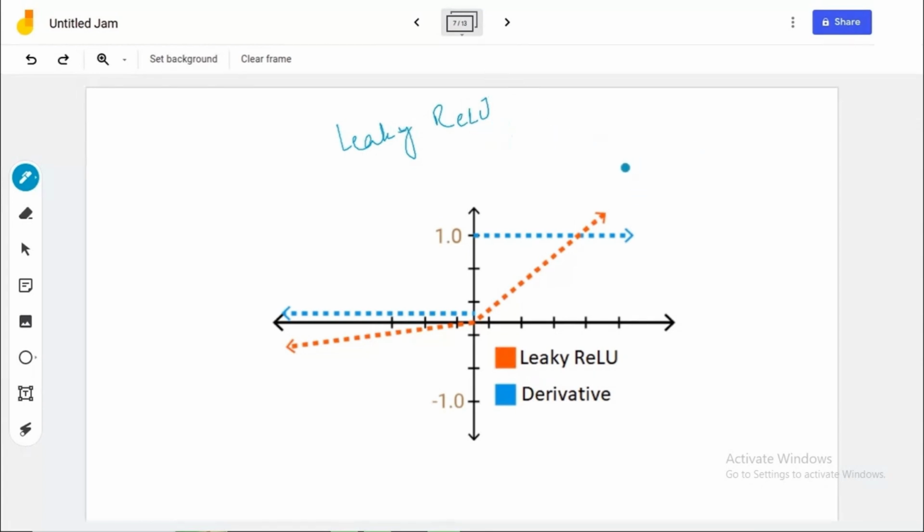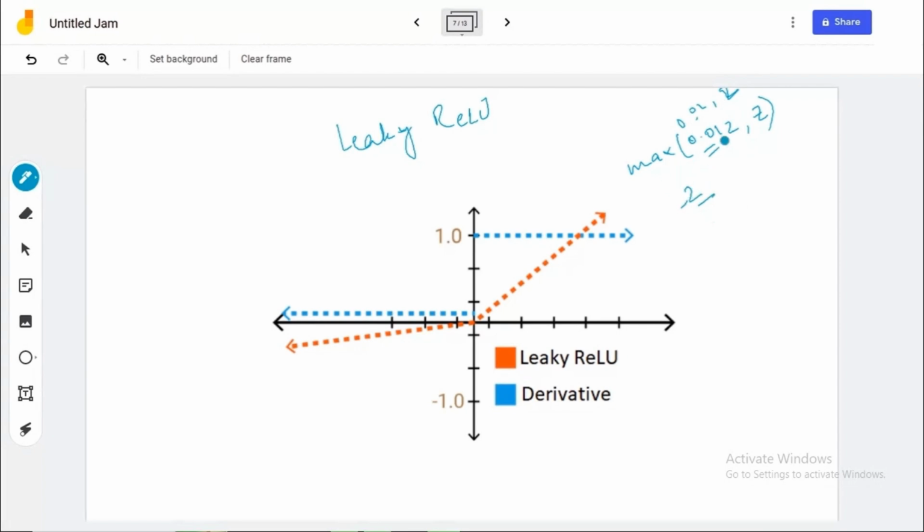So what is the function of leaky ReLU? It is max of 0.01z, z. So instead of 0, you multiply z with a very small number and you get some output. Suppose you have 2. Here you get the maximum of 0.01 into 2, that is 0.02, comma 2. So you get the output 2.